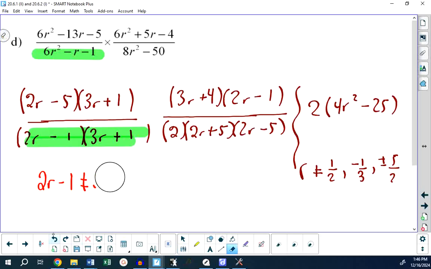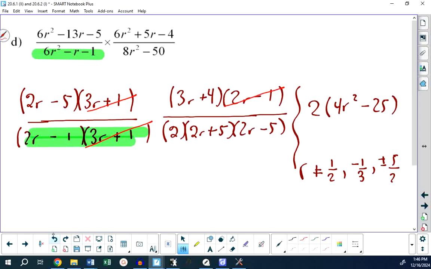So let's cancel. I have a 3r plus 1 is gone. I have a 2r minus 1. By the way, 2r minus 1, you might have guessed it was 1 and 4 based on the 2r minus 1 on the bottom. 2r minus 5. I think that's it. One of the, it's not tricky things, well, it's kind of, is after all of that, sometimes you miss pieces.